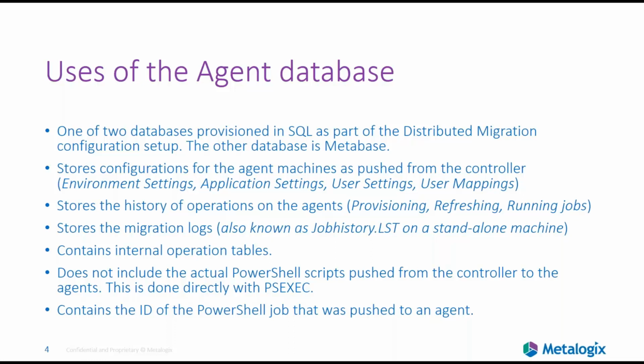Usually when it is a standalone machine, one Content Matrix console, we have the job history .lst file where the logs are saved. This time, in this distributed model, all the logs of the migration will be saved in the database in one table.